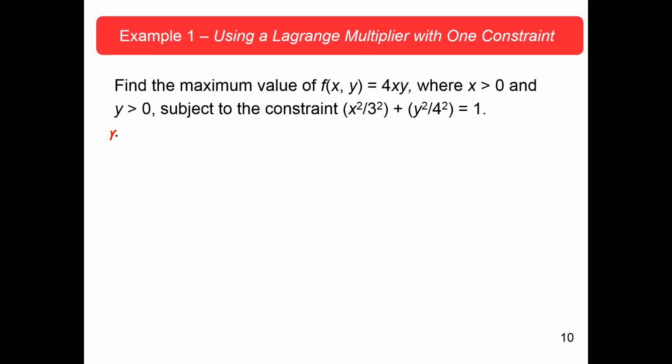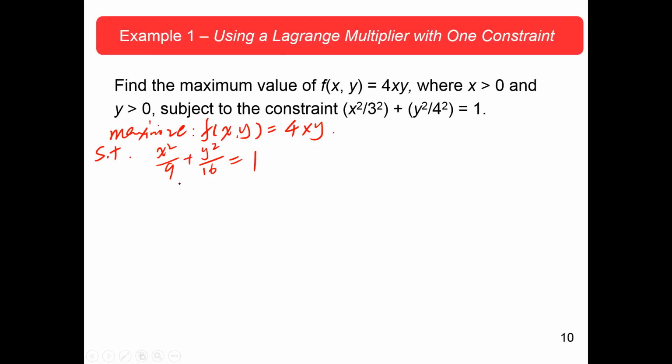Okay, so we are maximizing f(x, y) equals 4xy subject to x squared over 9 plus y squared over 16 equals 1. Also, because (x, y) is in the first quadrant, we let x be greater than 0 and y be greater than 0.